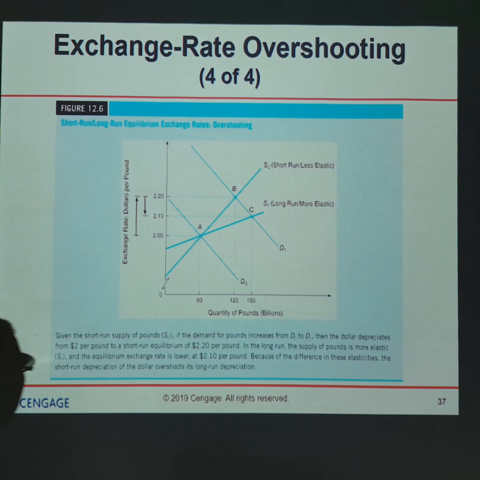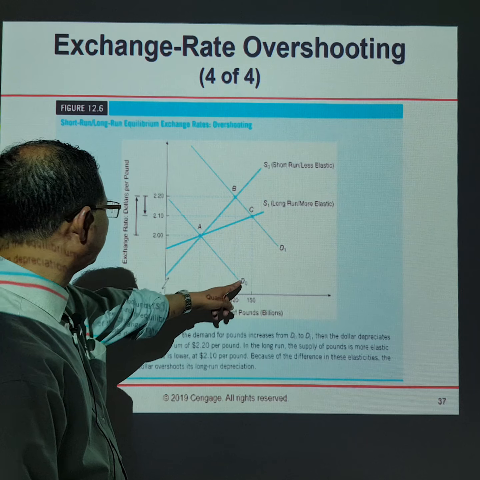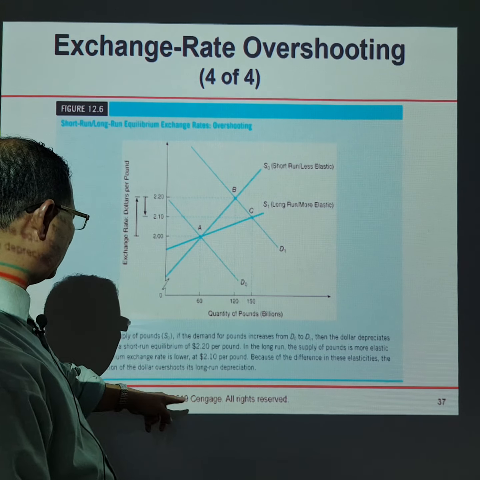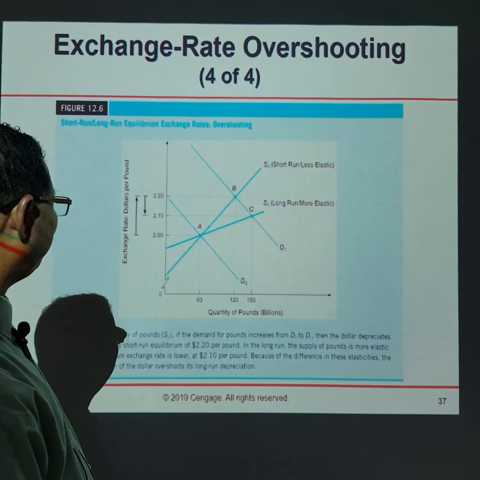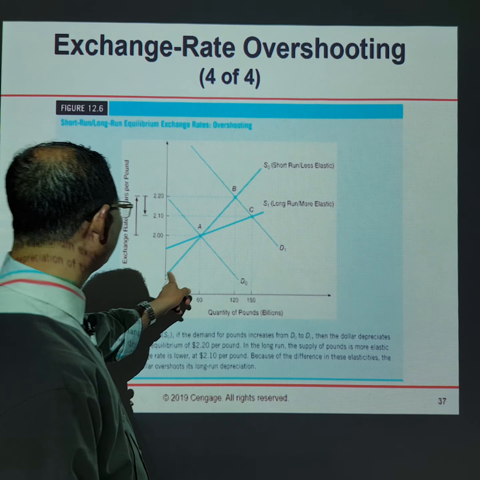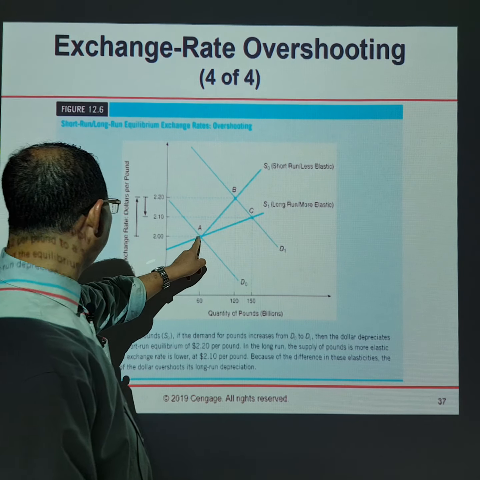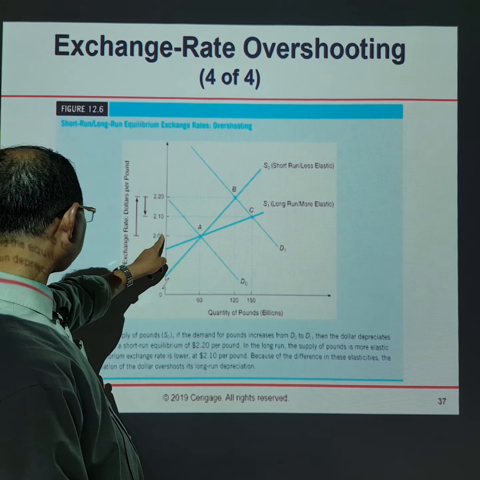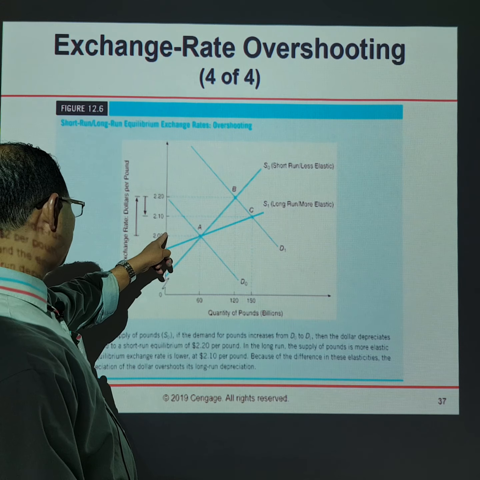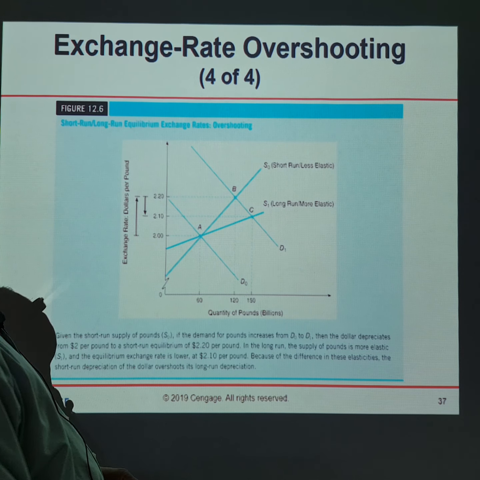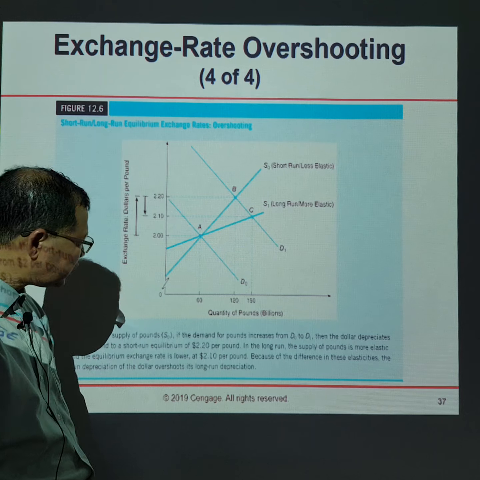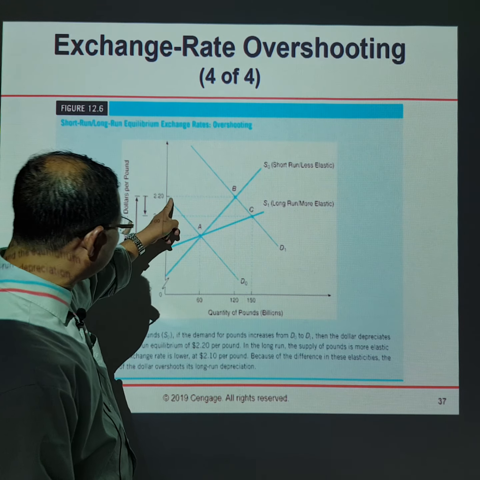Here we have the initial demand of pounds and supply of pounds. Initially, starting at $2 per pound, the exchange rate. This is the initial.